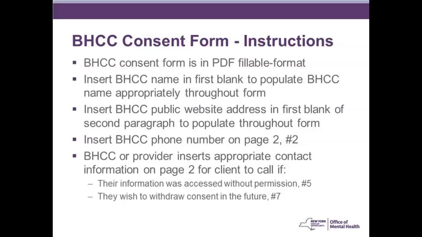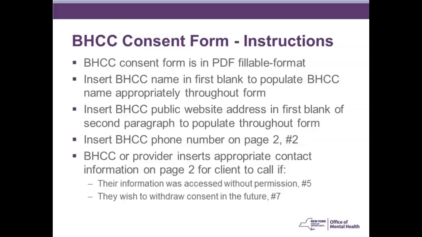And then finally, the last bullet on this slide: there's information on page 2 for the client, because of course with any consent form, the provider will offer a copy to the client. So there's space to give a phone number or some contact information for the client to have available. Number 5 is if they feel their information was accessed without permission, what phone number should they call?